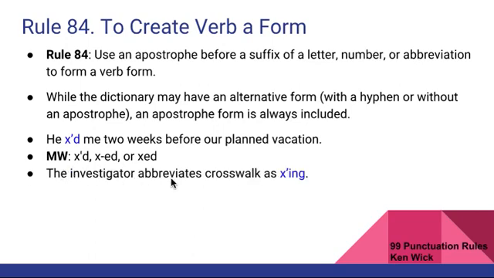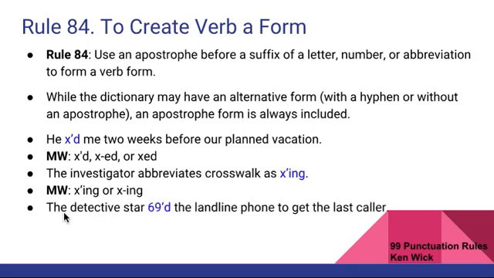The investigator abbreviates crosswalk as X'ing. Merriam-Webster's dictionary has X'ing with the apostrophe or with the hyphen. Note there's no solid form. But like I said, there's always this apostrophe form. Here's a number.